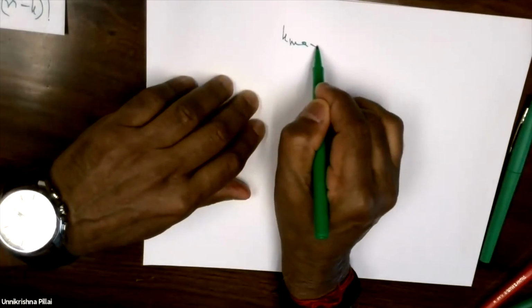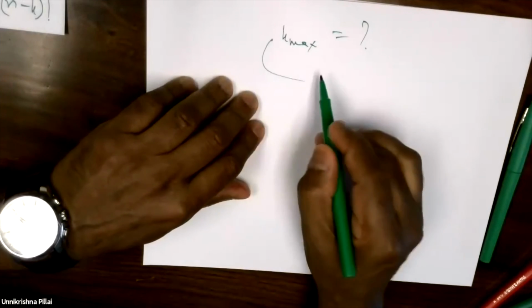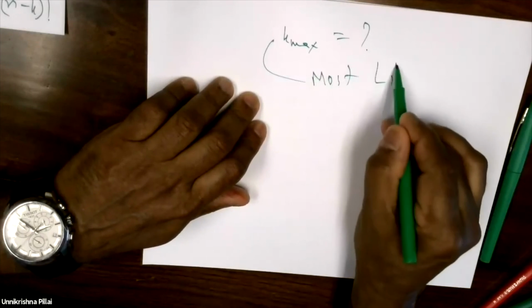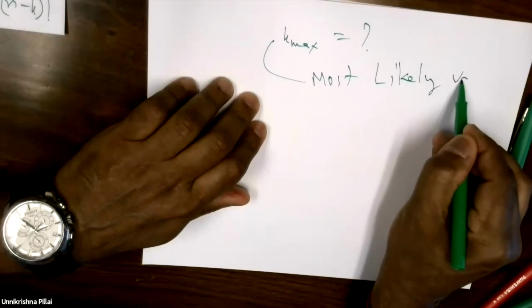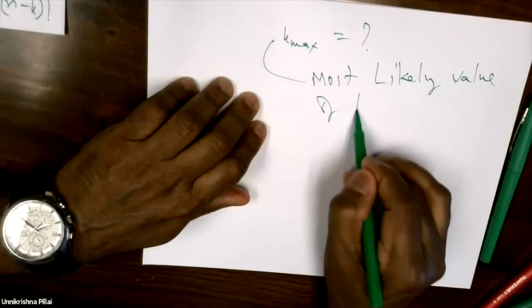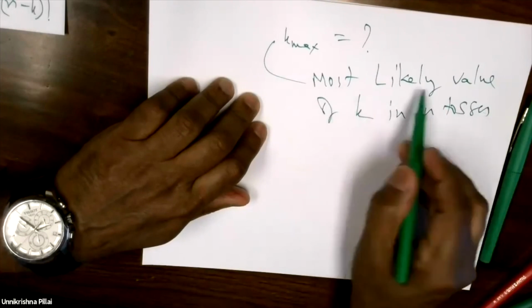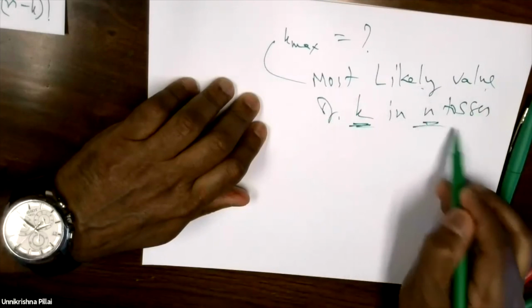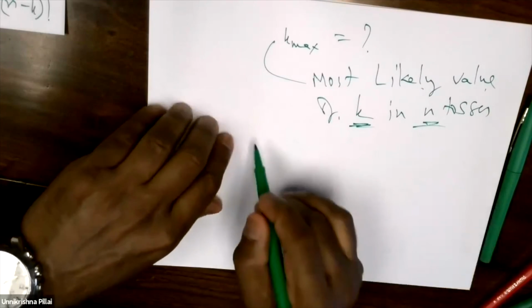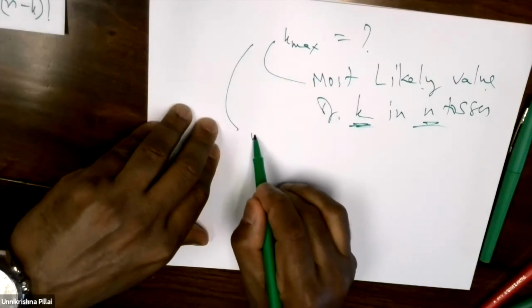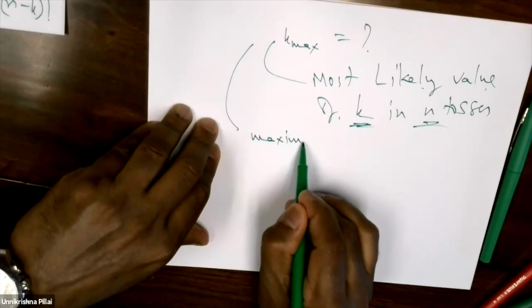So the question is, what is Kmax? So its physical meaning is, I hope you can read what I wrote. Most likely value of k in n tosses. That means that's the same as saying maximum probability.